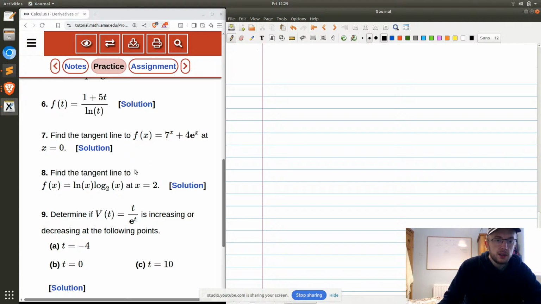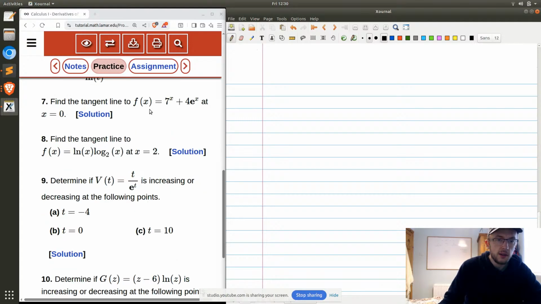Next, find the tangent line to f of x equals ln of x times log base 2 of x at x equals 2. So it's very similar to problem 7. First, f of 2, to find a point on the tangent line.